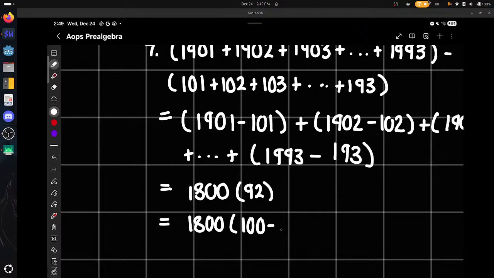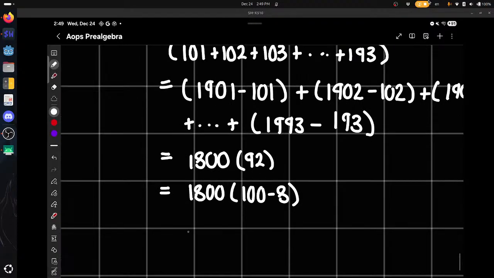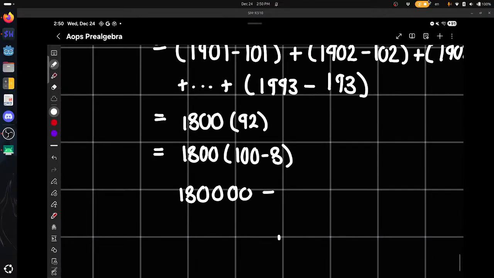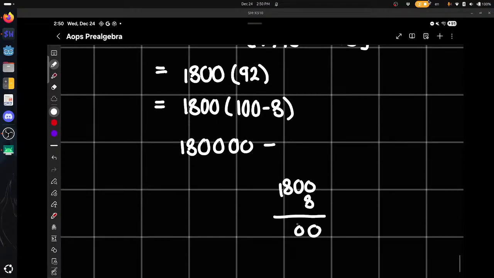100 minus 8. This turns into that. And then this turns into another big number. 0, 8.